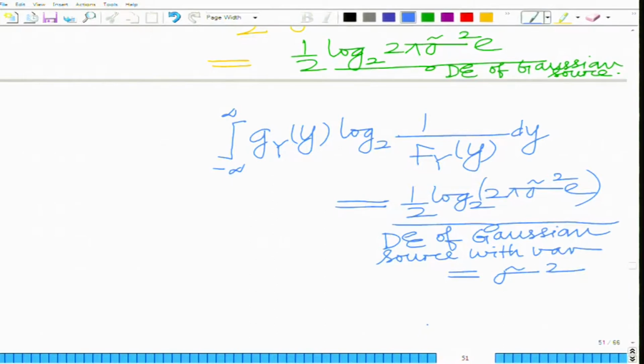So, we have shown that this quantity is indeed the differential entropy of a Gaussian source with the variance equal to sigma tilde square.